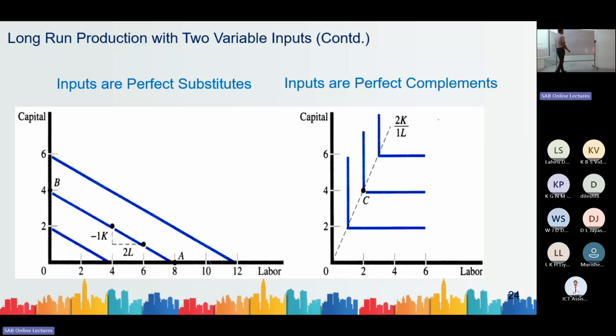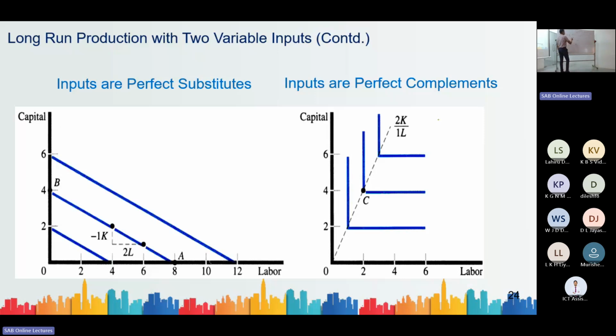I told you that a rational producer will not operate over these portions because marginal product of capital is negative. How can we prove it? Let's assume that this isoquant curve shows 100 units of output, this one shows 200 units, and this one shows 300 units.